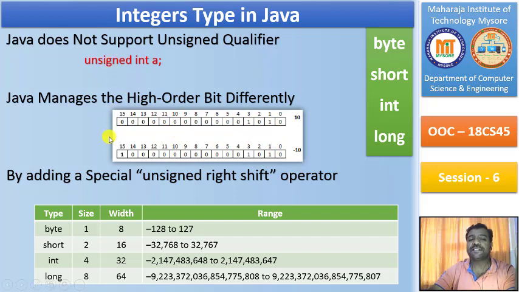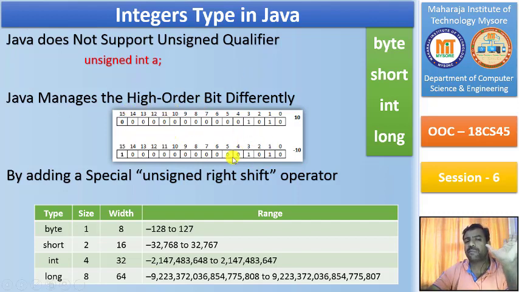When I say unsigned, the higher order bit is removed. All 16 bits are used to store the value, because every value I store is going to be a positive number, so I don't need any higher order bit to say whether it's positive or negative.